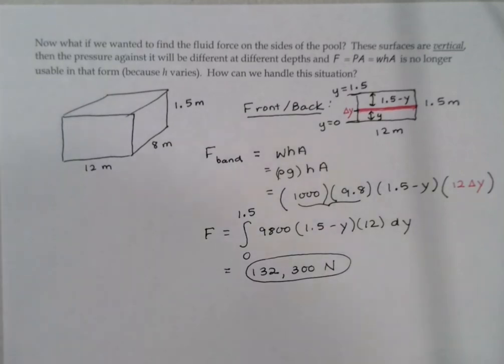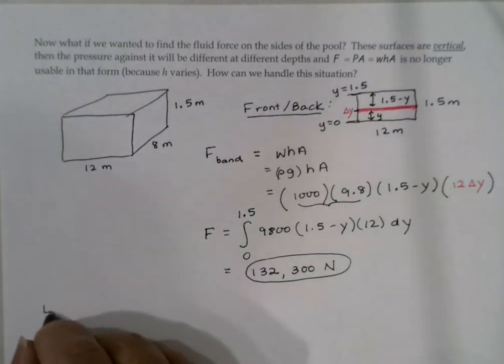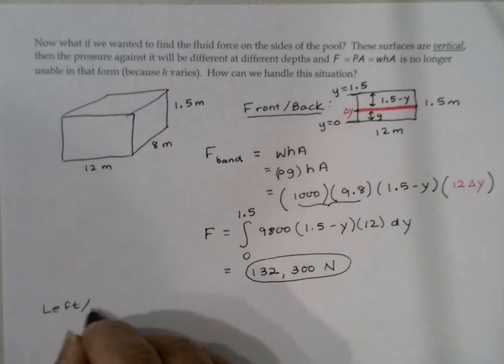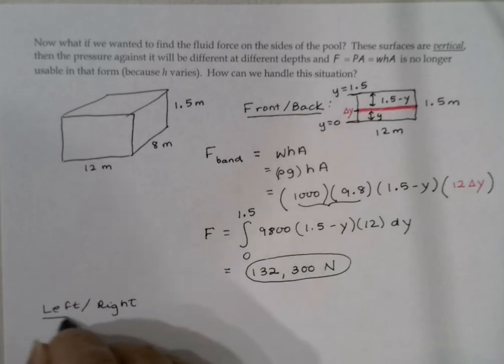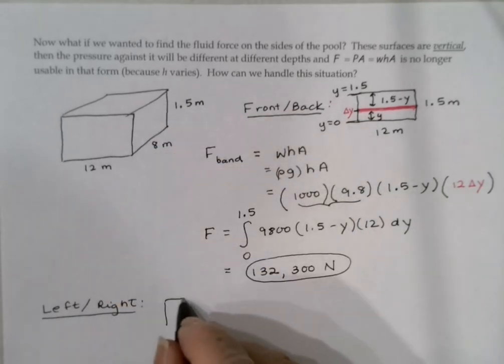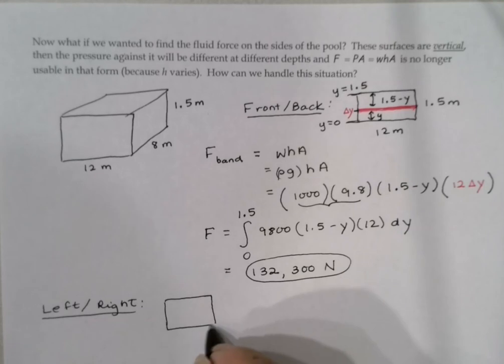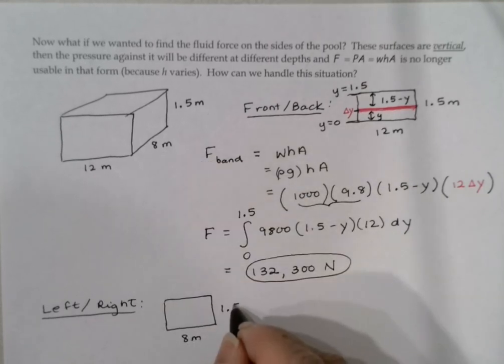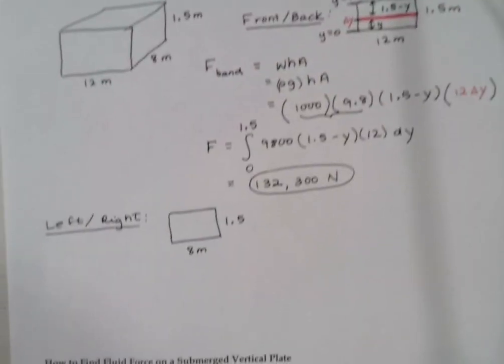We can analyze the left and the right sides in essentially the same way. Not that much is really going to change. The left and right would be 8 meters long, but still 1.5 meters high.